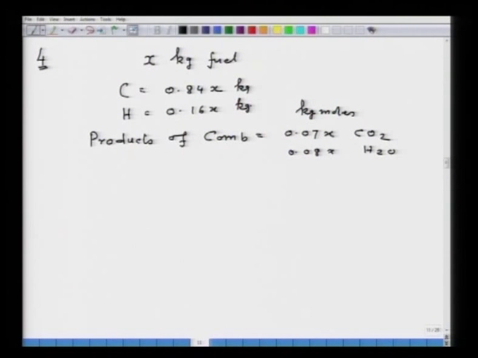Once you know the products of combustion, then you have to calculate the amount of flue gas.